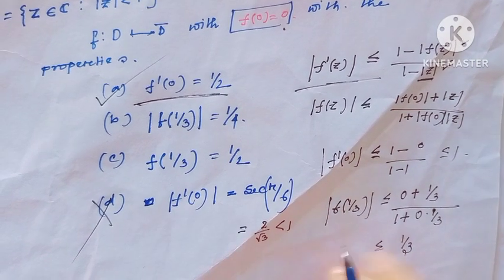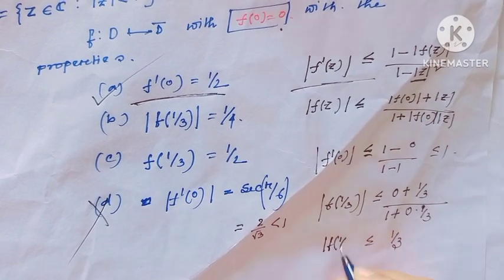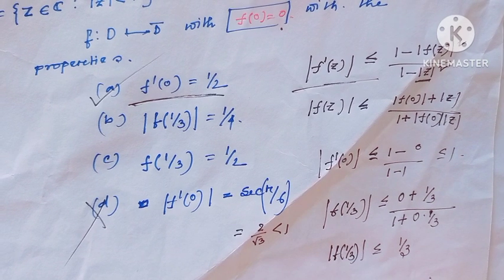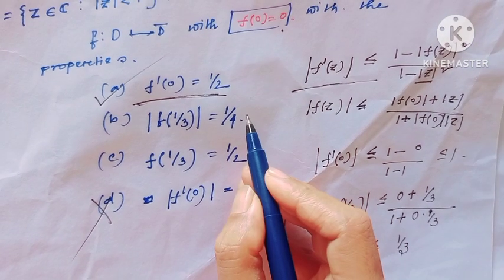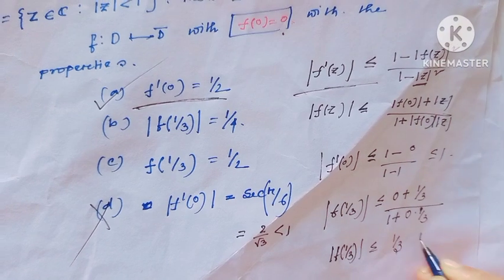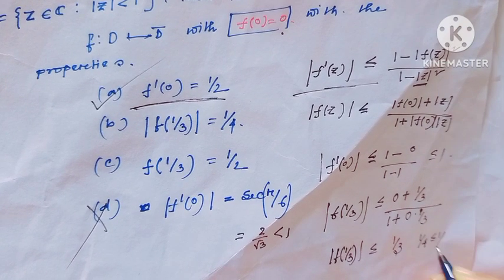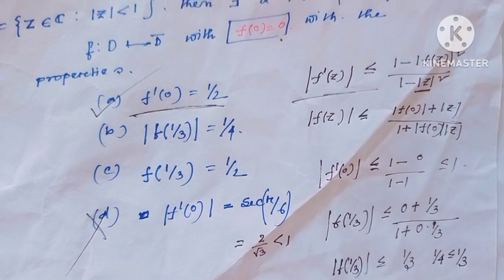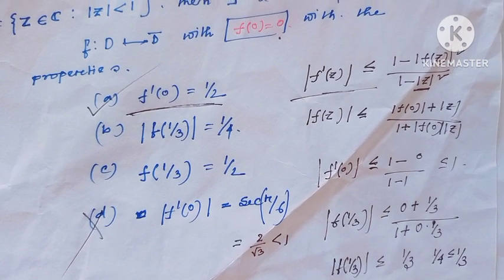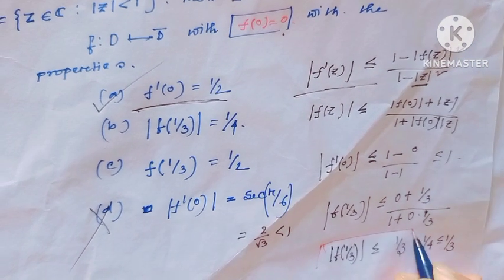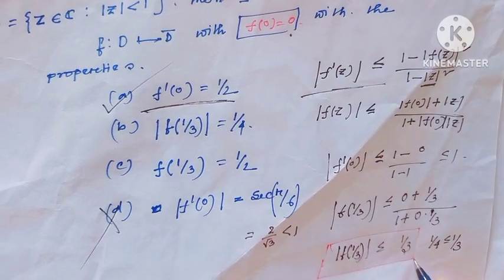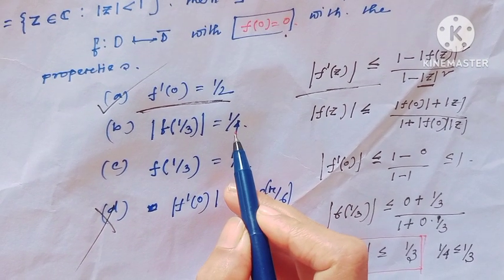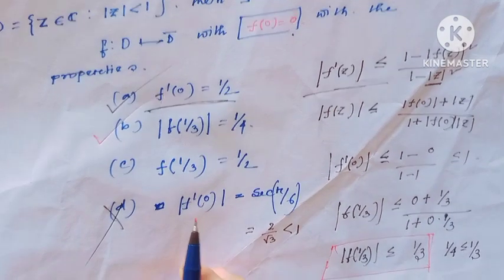So I have got modulus of f of 1/3 less than or equal to 1/3. Since 1/4 is less than or equal to 1/3, and here f of 1/3 equals 1/4, this is the right option.